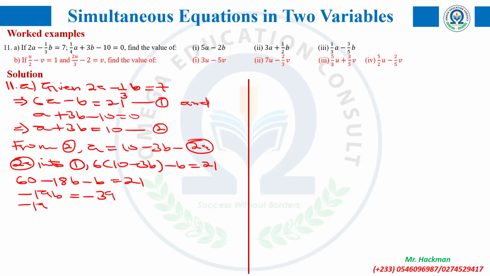Minus 19b over minus 19 is equal to minus 39 over minus 19. So that gives us what?